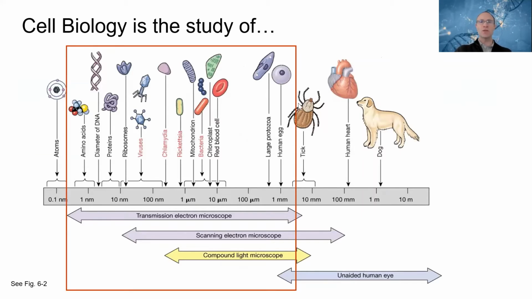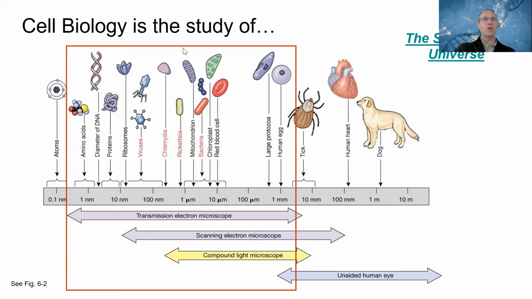There are some very large cells, such as a human egg or a paramecium, just within the range of what we can barely make out with our eyeballs. Most of these other things are going to require some sort of microscope or other tool to study.